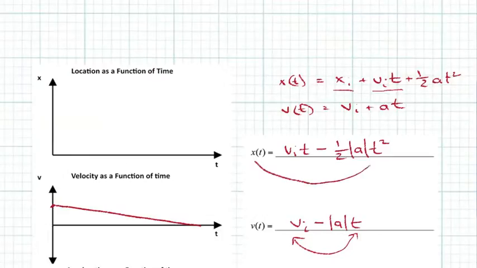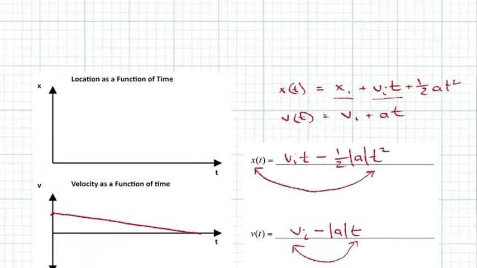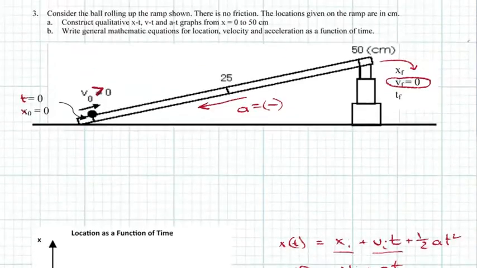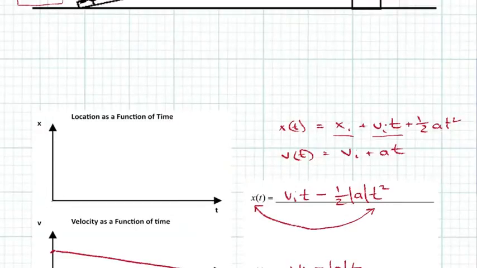Here we have a squared relationship, so it's going to be a curve. And it's going to be a negatively bending curve because our acceleration is negative. But where does it start? Our initial position is 0, at the origin right here. But what's our initial slope?